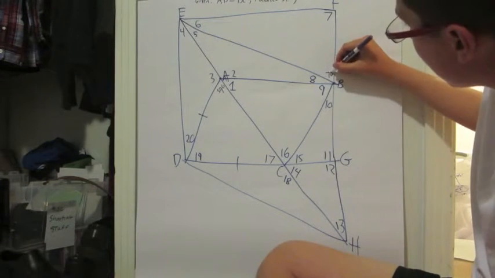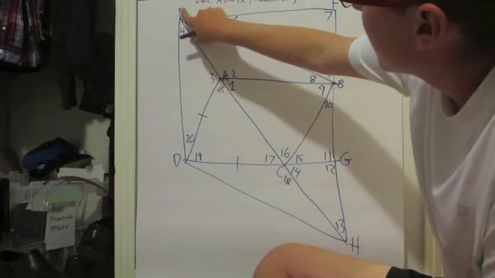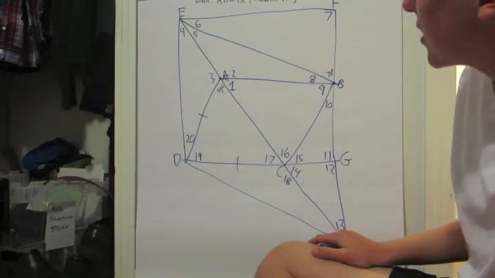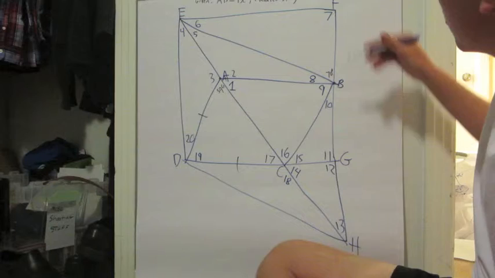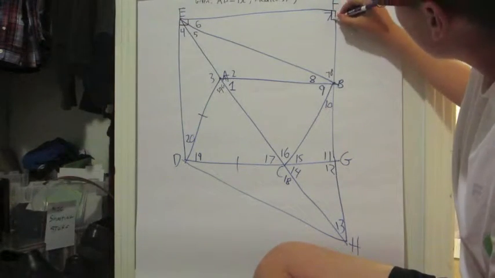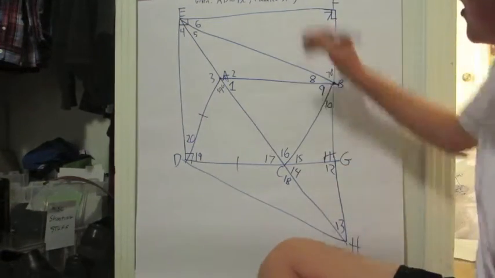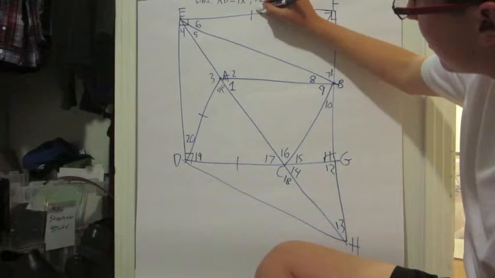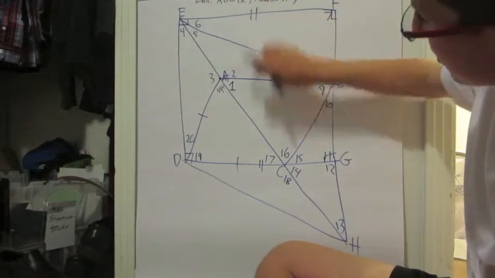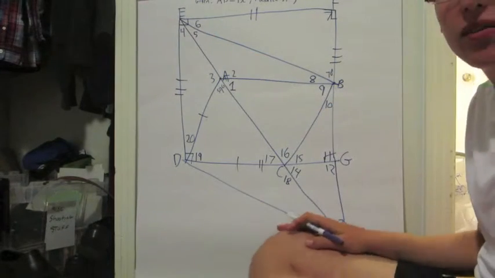And we know the measure of EBF is 7 degrees. We also know that EFGD, this quadrilateral, is a rectangle. So if we know that it's a rectangle, we can put in that each of these corners are right angles, which is a property of the rectangle, and these two sides are congruent, and these two sides are congruent in a rectangle.